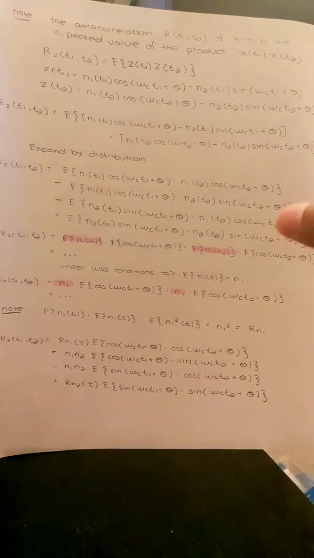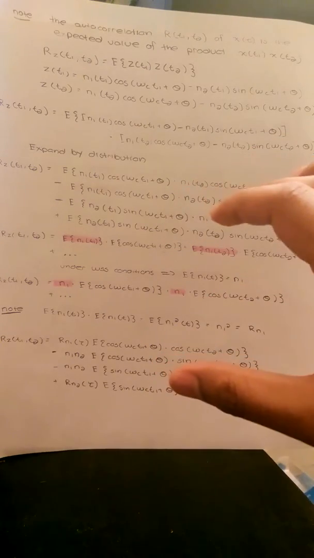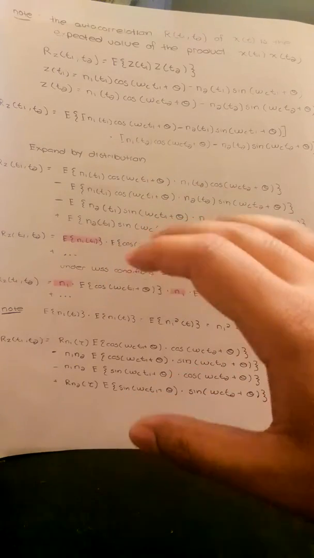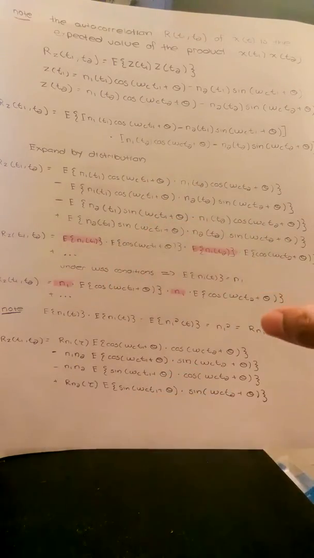A few quick things: we can manipulate this the way we did in part A, extracting the expected values of the N1 and N2 terms, whether it's N1(t1) or N1(t2), it doesn't matter.